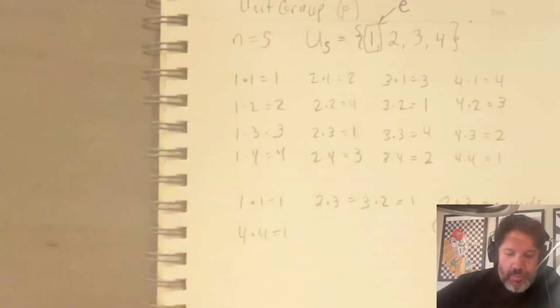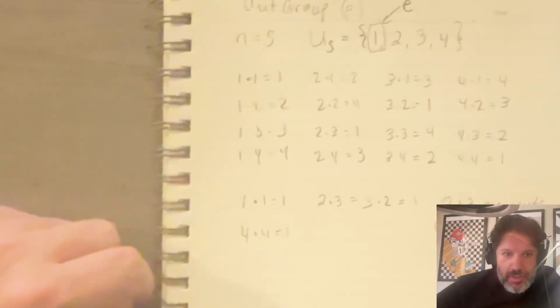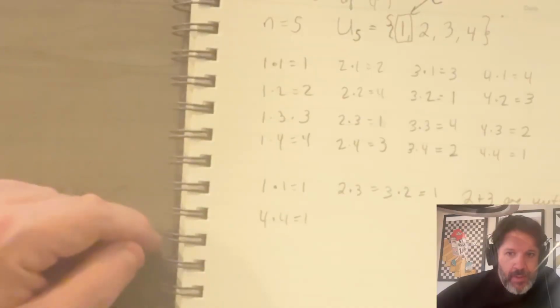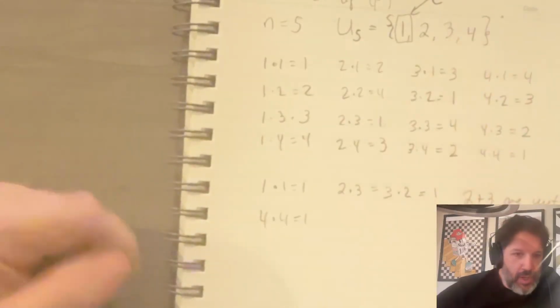So the last thing we'll prove is called associativity. Here's where I'm going to use the word order again. This is where we say the order in which we do the operation doesn't matter.